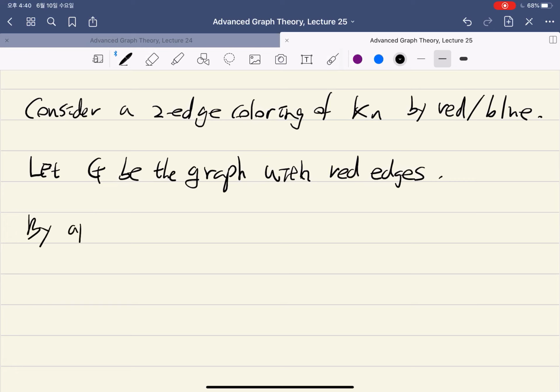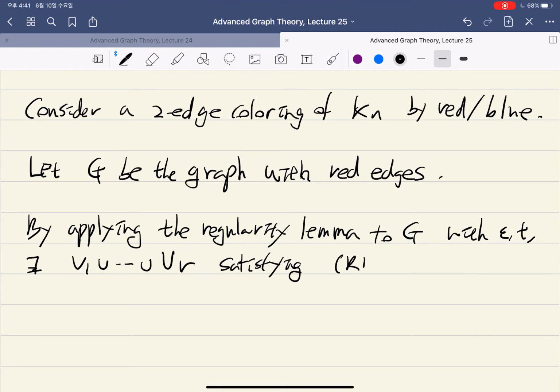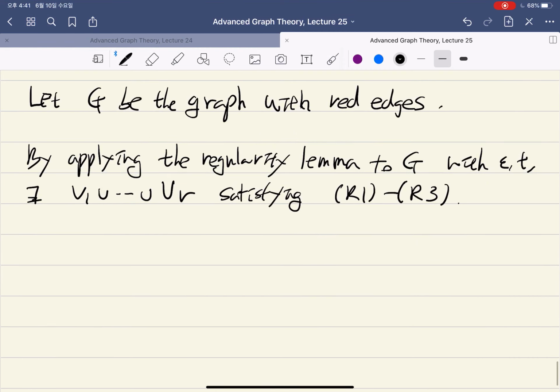And we apply the regularity lemma to G with parameters epsilon and t. Then there exists an equitable epsilon-regular partition V1 to Vr, satisfying R1 to R3 as before.